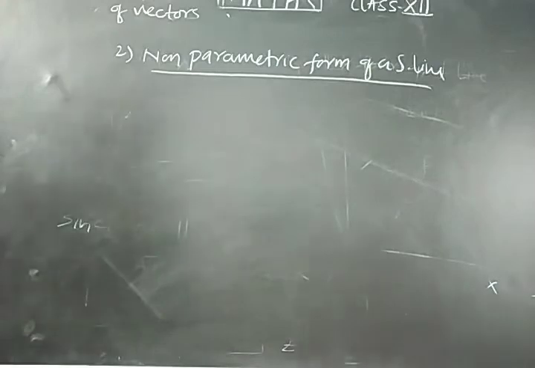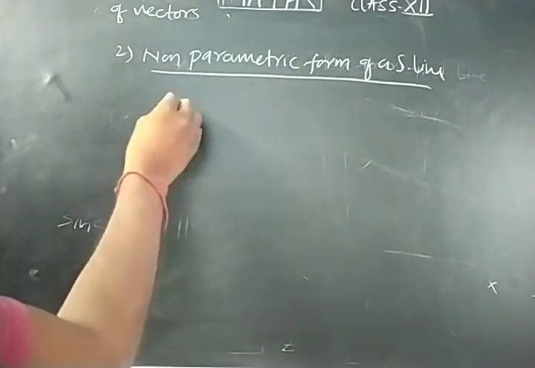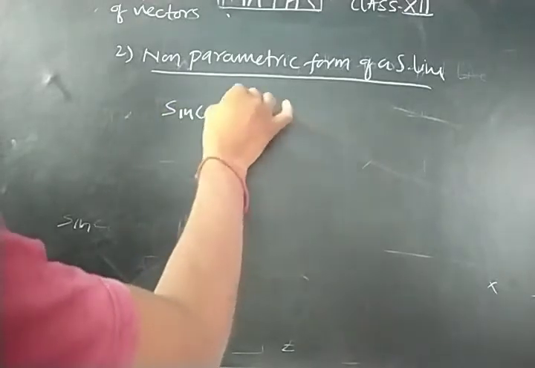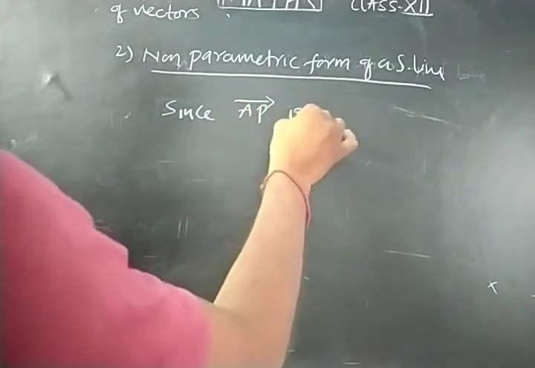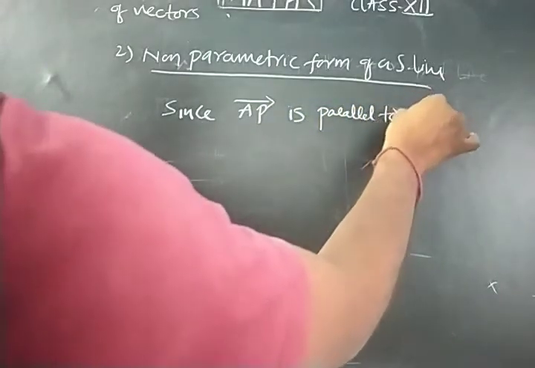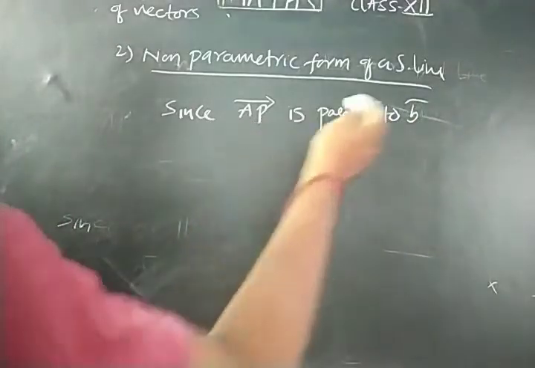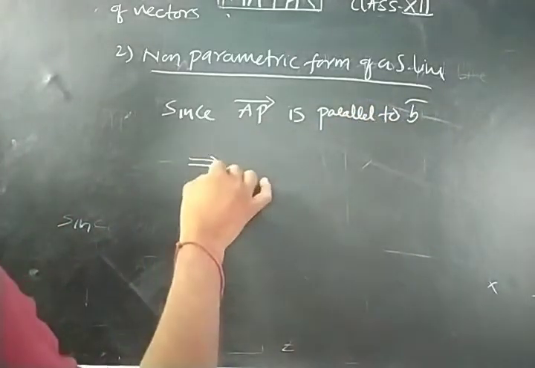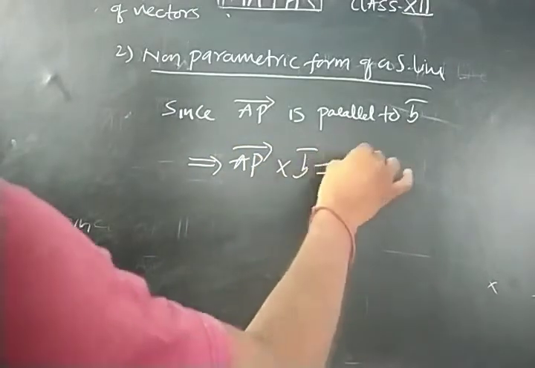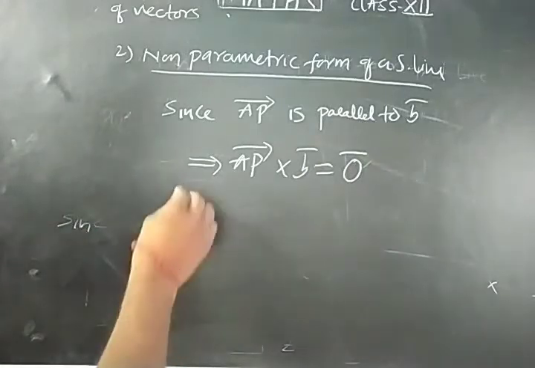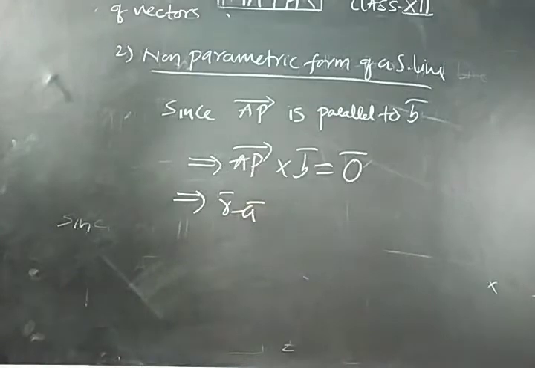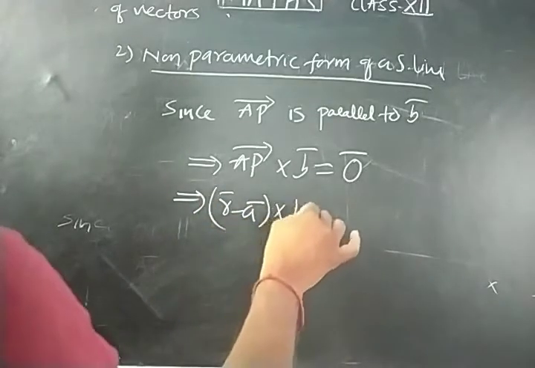In the same diagram, since AP bar vector is parallel to b bar vector, we know that the cross product of two parallel vectors will always be 0 bar. And AP bar is r bar minus a bar. So r bar minus a bar cross b bar is equal to 0 bar.